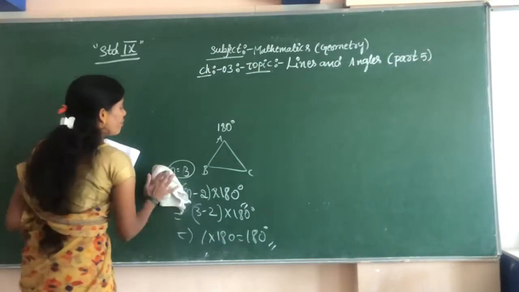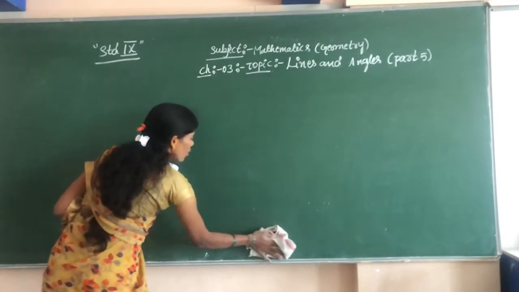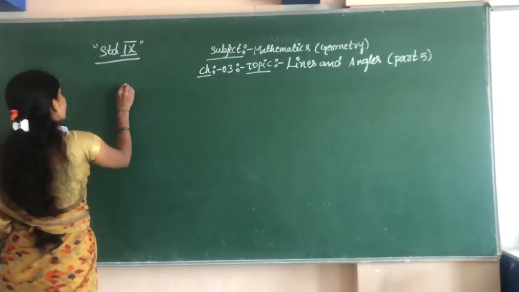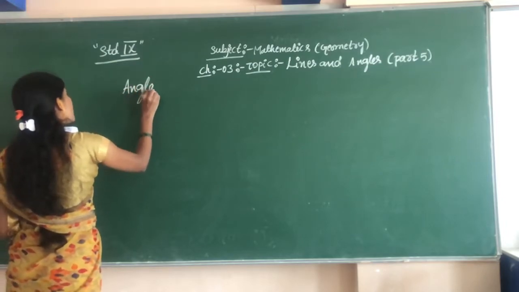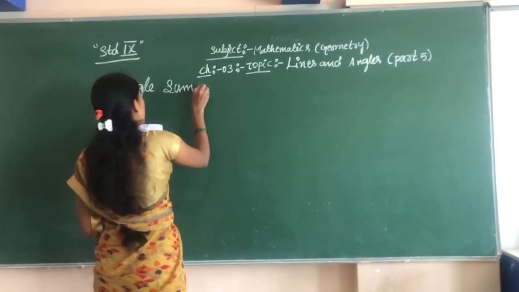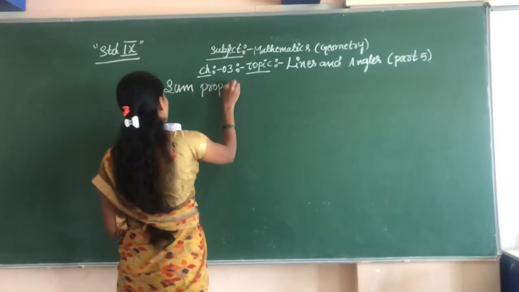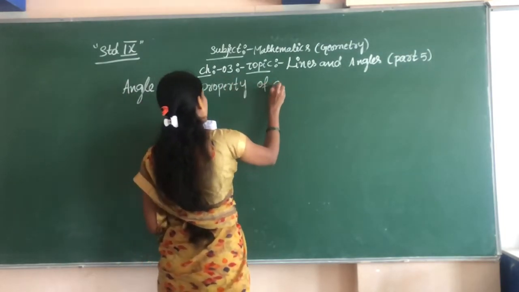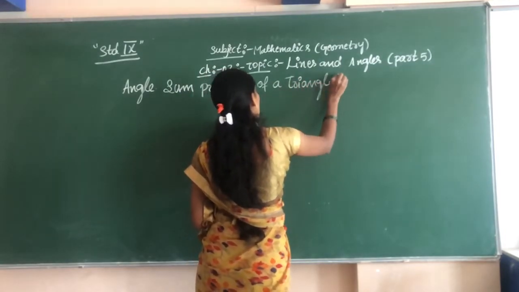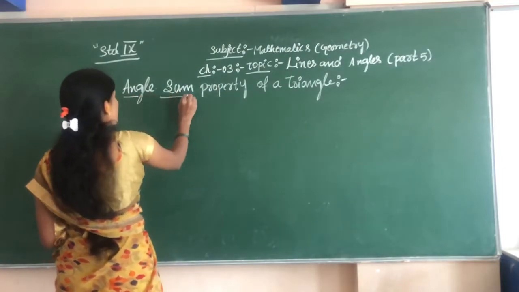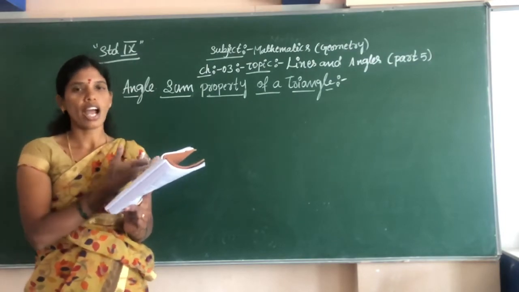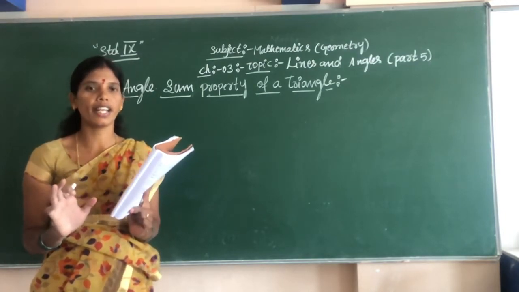There is a statement and a proof. Harshil, Navya, you should write: angle sum property of a triangle. Okay, children, already you know, I will explain that the formula (n minus 2) into 180 degrees is finished.